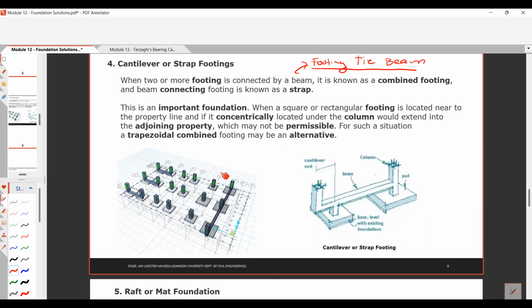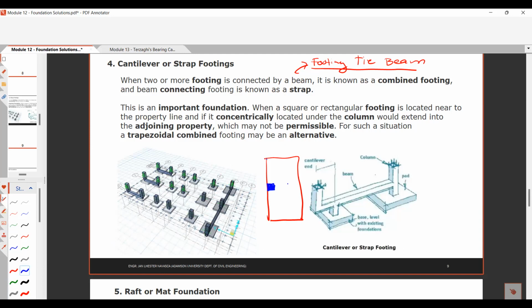Okay, so what happened? When do we use the cantilever or strap footing? For example, you have a column near the property line. Let's say you have a property line, this red one. And your column is located, so you maximize the area of the property, at this one.